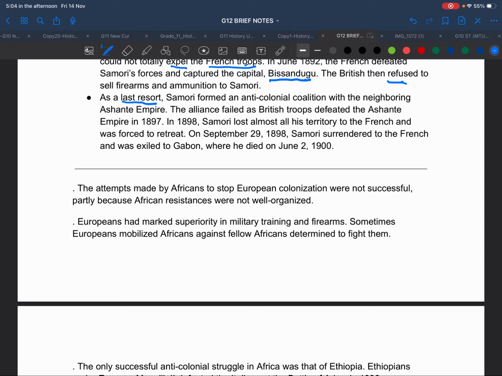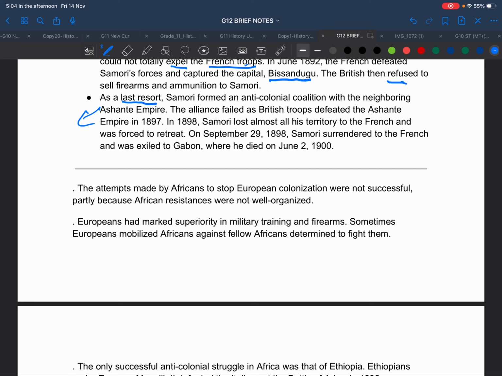The alliance failed as British troops defeated the Ashanti Empire in 1897. The Ashanti, meaning present-day Ghana.